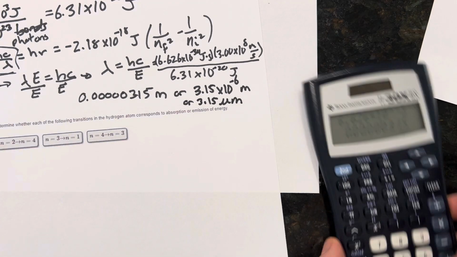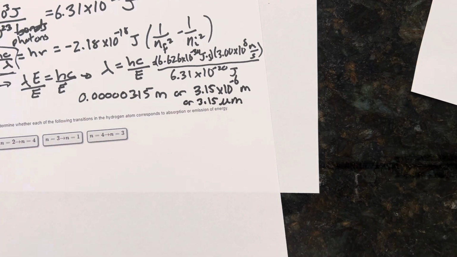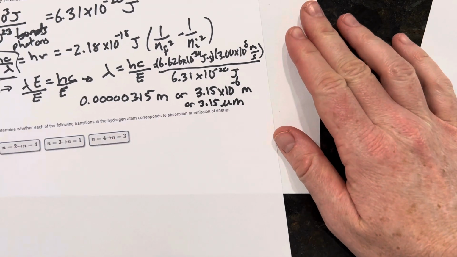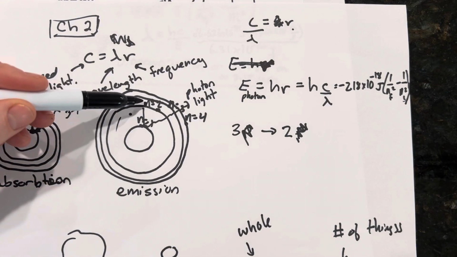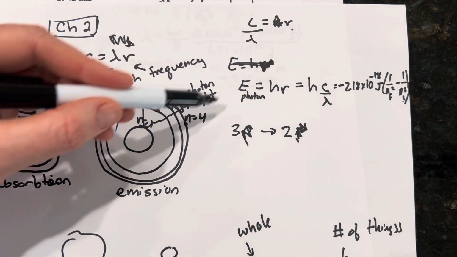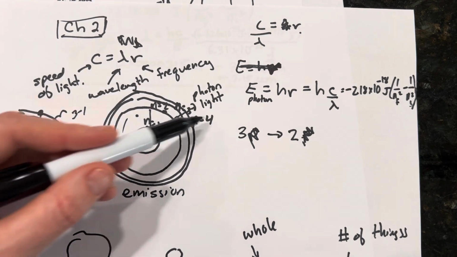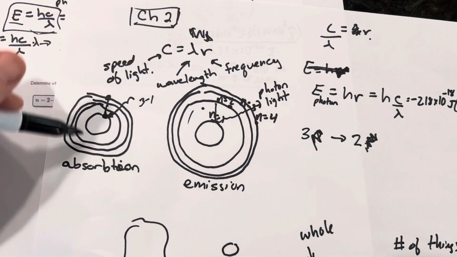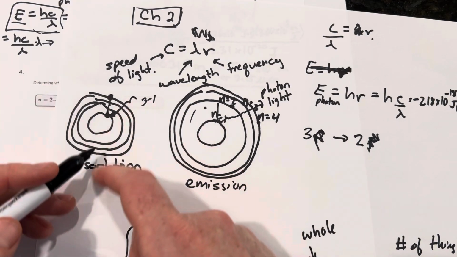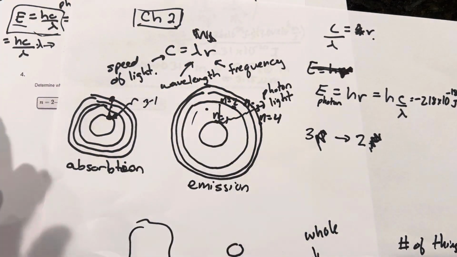All right, last but not least, it says, determine whether each one is absorption or emission. So if you remember, we said when an electron drops and a photon leaves, that's called emission because it emits light. When an atom gains a photon, or a photon hits an atom and makes the electron go up, that's absorption.